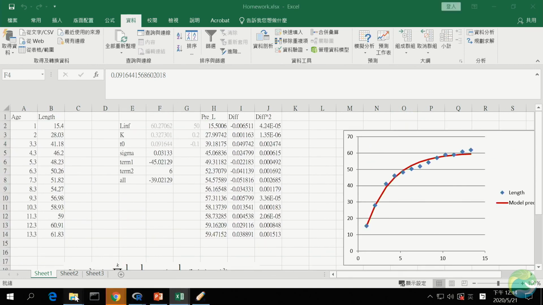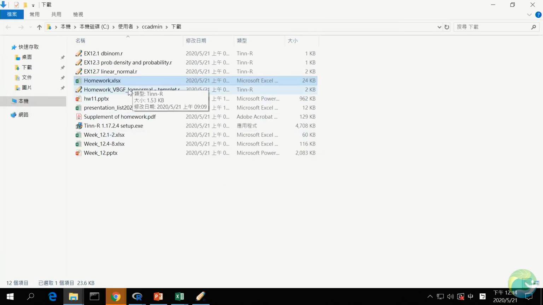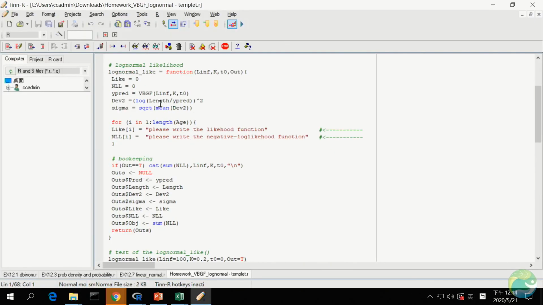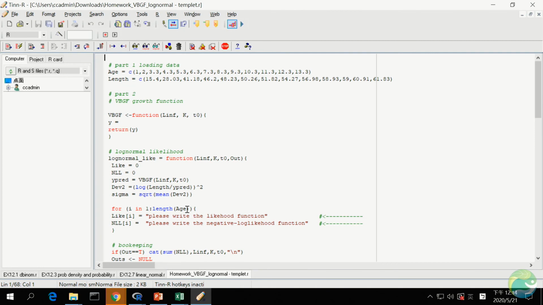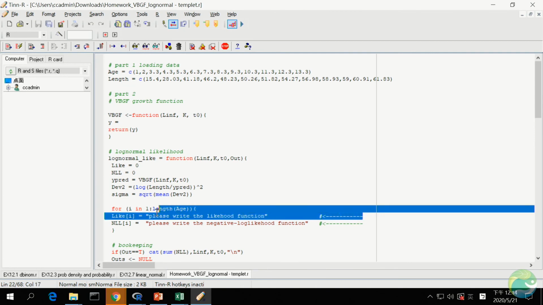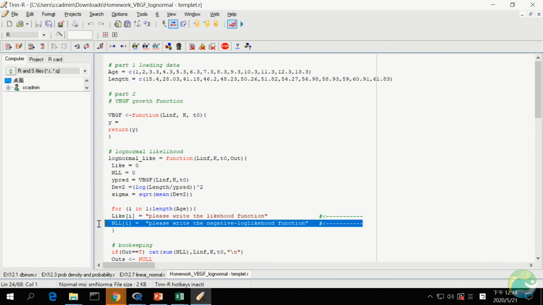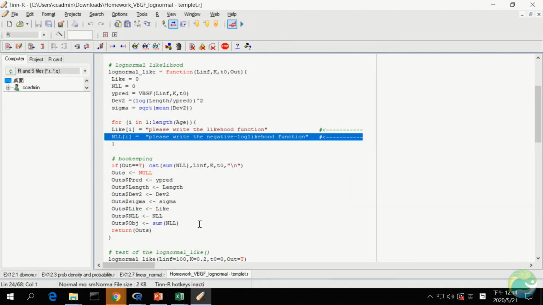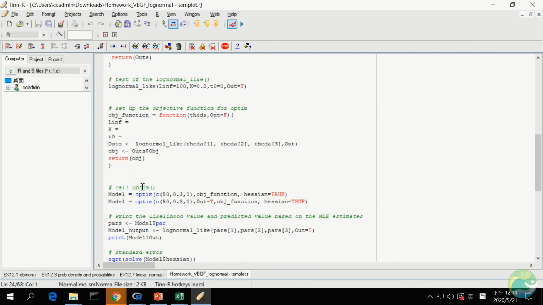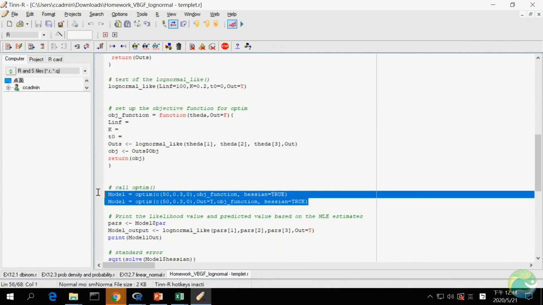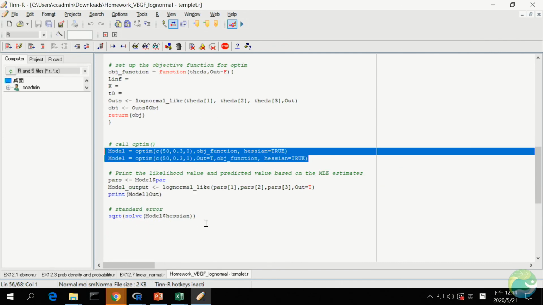And then I show you a template in here. So all you need to do is write out your likelihood function here and your negative log likelihood function here, and then put them together into the optim and make the optim work.